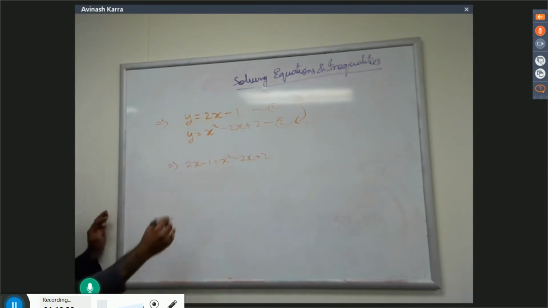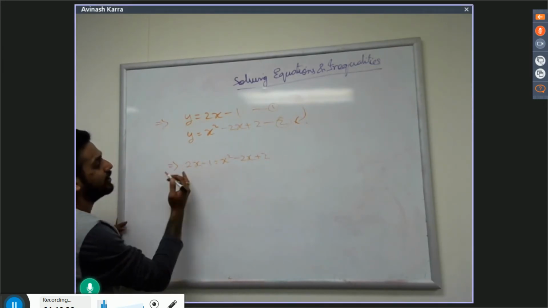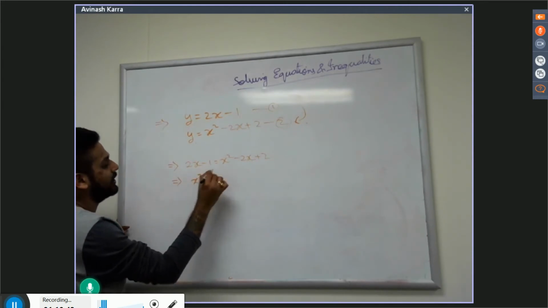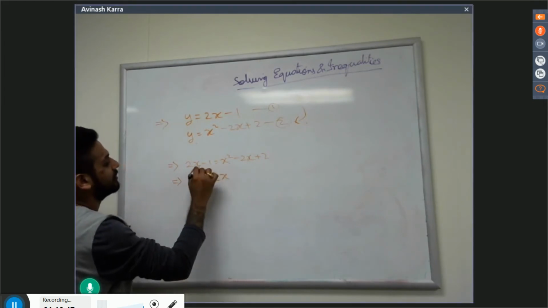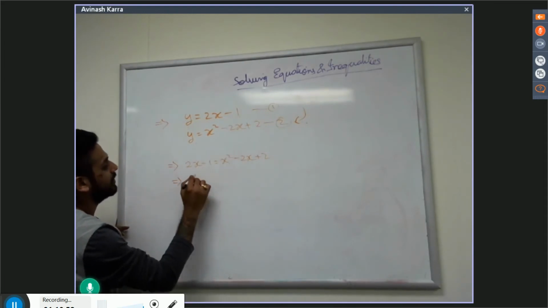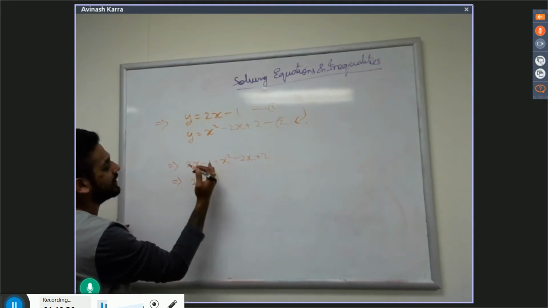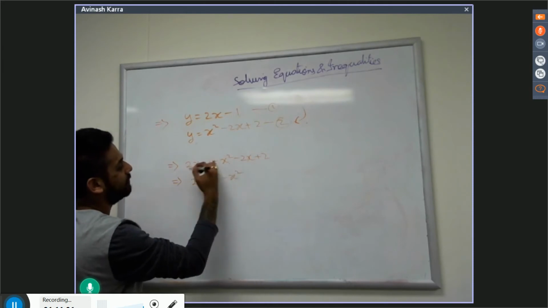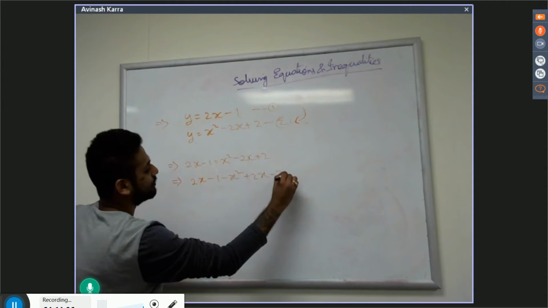What will be the next step? Get all the variables to one side. Let me form an equation. 2x minus 1, and if I get x squared to the LHS, it's minus x squared, and minus 2x will become plus 2x, and plus 2 becomes minus 2, equal to 0.